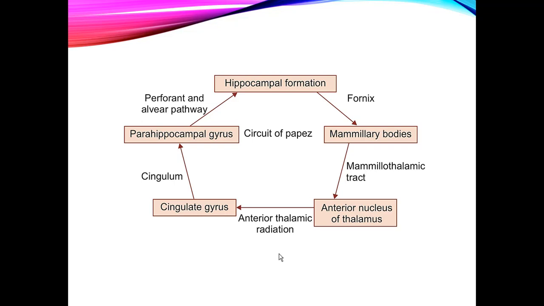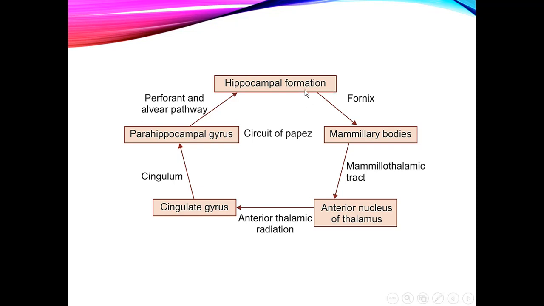Remember that in addition to the hippocampal formation, other parts of the brain have a role in learning and memory, and this slide shows the connections between these areas.